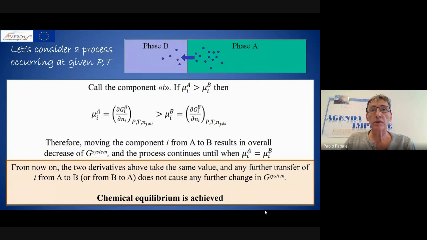Employing exclusively the first and second laws of thermodynamics, we have demonstrated that equality of the chemical potential of all components in all phases is a criterion for chemical equilibrium, in that it corresponds to energy minimization, which in turn corresponds to entropy maximization prescribed by the second law.